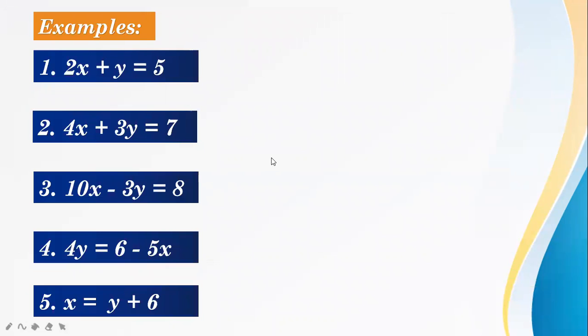Now, these are examples of linear equations in two variables. Number 1, 2x plus y equals 5. Number 2, 4x plus 3y equals 7. Then x minus 3y equals 8. 4y equals 6 minus 5x. And x equals y plus 6.